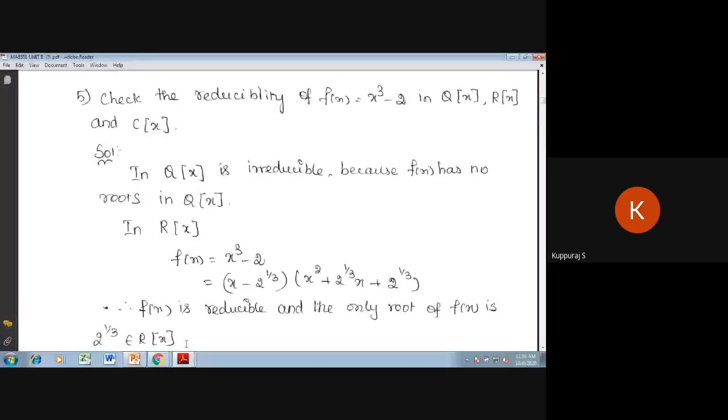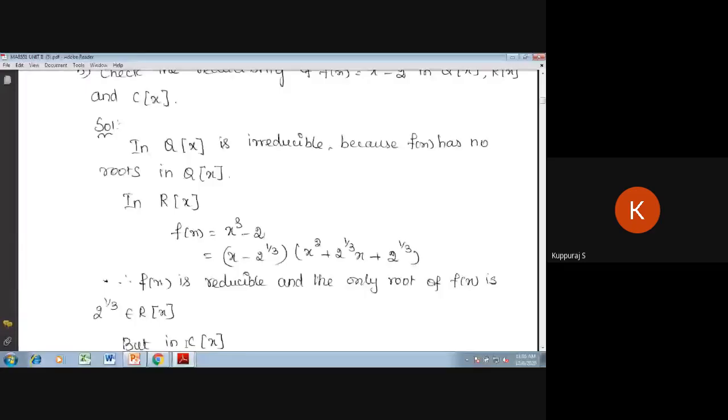So in Q of x, R of x and C of x, x cube minus 2. So x cube minus 2, which can be equal to 0, you get x is equal to 2 power 1 by 3. So x cube minus 2 can be expressed as x minus cubic root of 2 into x square plus cubic root of 2 into x plus cubic root of 2 squared. So cubic root of 2 belongs to the set of all reals.